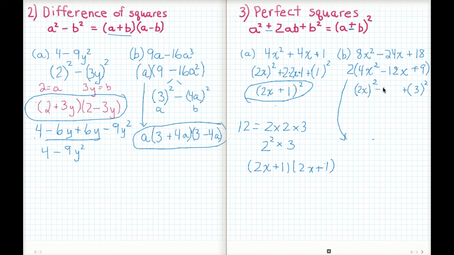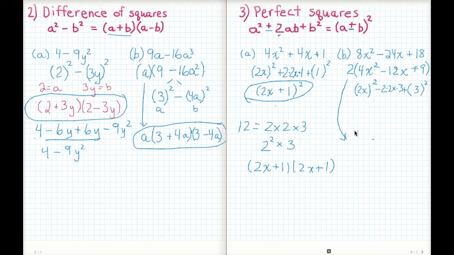Okay, the middle has to be, if it works out, 2 times 2x from the A part times 3 from the B part. We check, 2 times 2 is 4, times 3 is 12, so minus 12x, indeed that works.